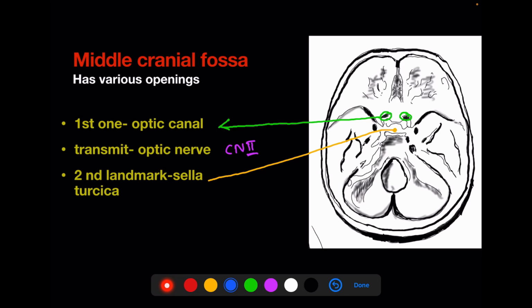I'm using blue. This depression, the blue color region, happens due to the presence of pituitary gland. Here actually the pituitary gland exists. Now the posterior aspect of sella turcica, that is called what? This one.